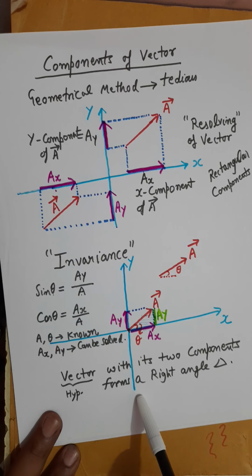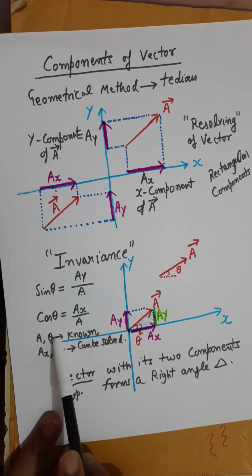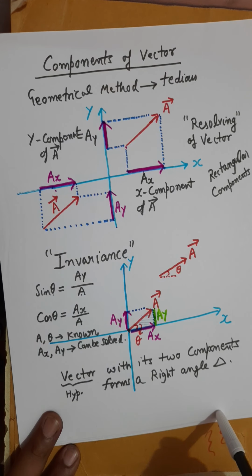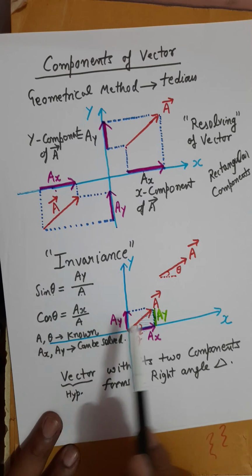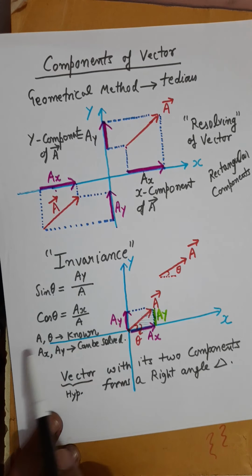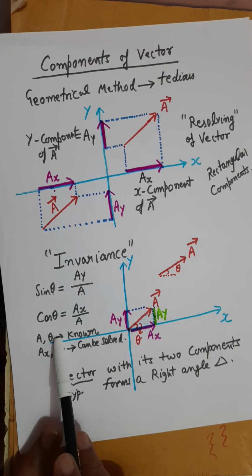In fact, three parameters. One, the magnitude, that is capital A. Second, the direction, that is theta. And the third was the unit of measurement. Unit of measurement right now is not important for me. But yes, if you have a unique vector, the magnitude of the vector and angle theta of the vector should be known to us.